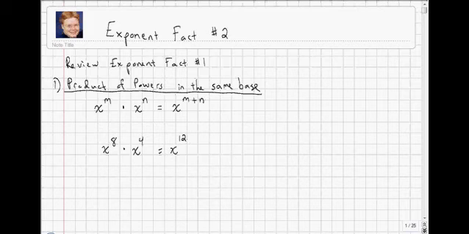Adding the exponents, the base stays the same. Likewise, if we had 2 to the 8th times 2 to the 4th, that would be 2 to the 12th, which is 4,096 using our calculator.